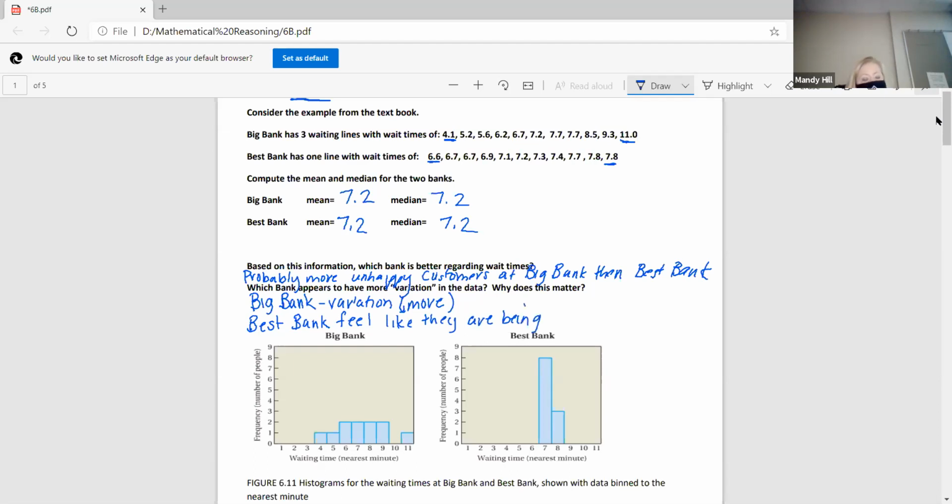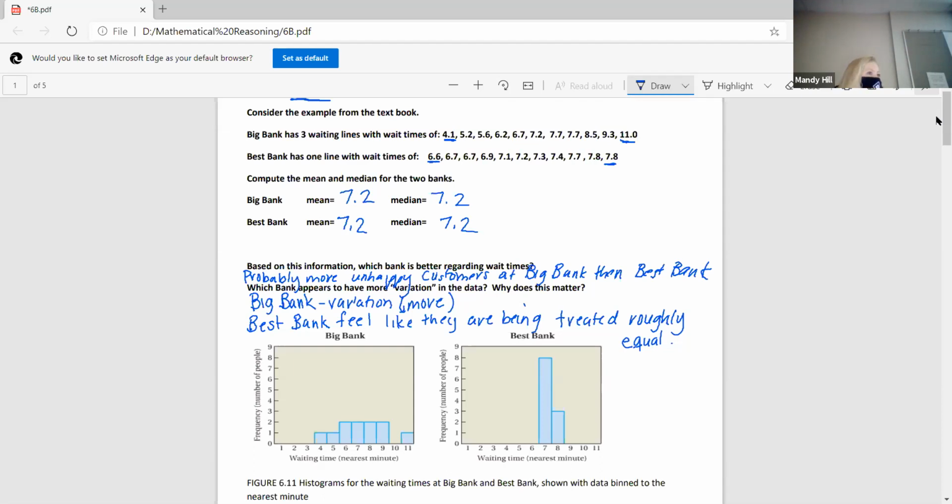When you start delving into project 2, this is the stuff you're going to want to use when you're analyzing your data, as proof that you know what you're talking about. You've got to look at all the numbers. We did look at mean and median, and we decided that mean and median didn't really tell us a lot about this situation, right?